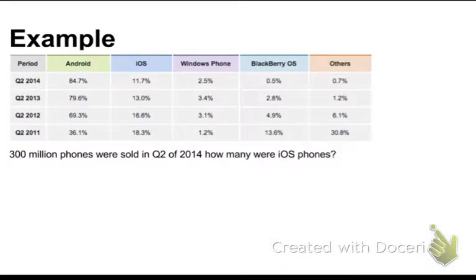Okay, here's a tougher example. 300 million iPhones were sold in Q2 of 2014. How many of them were iOS phones? Well, I basically create a thing here where I have the phones, okay, and the percent of phones.